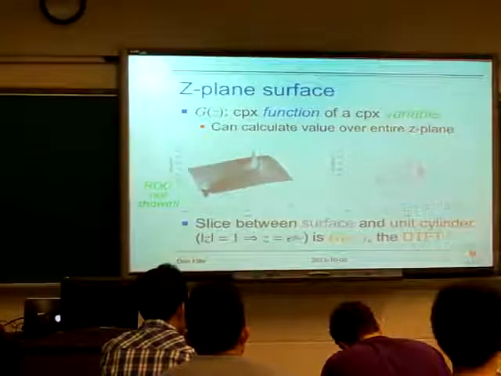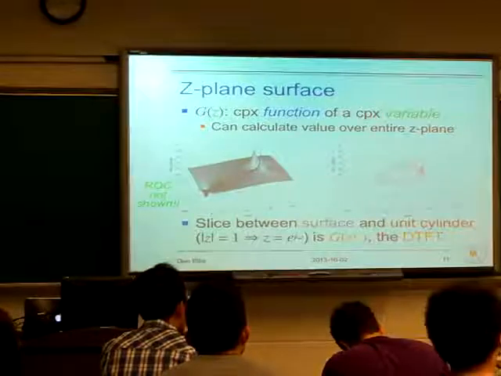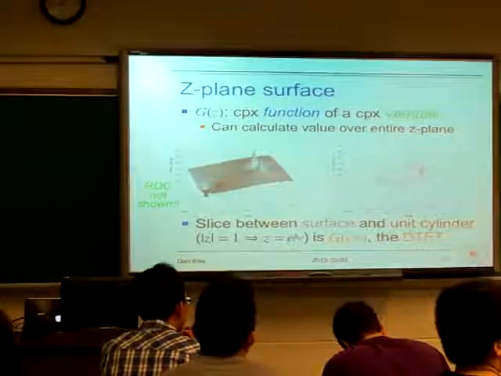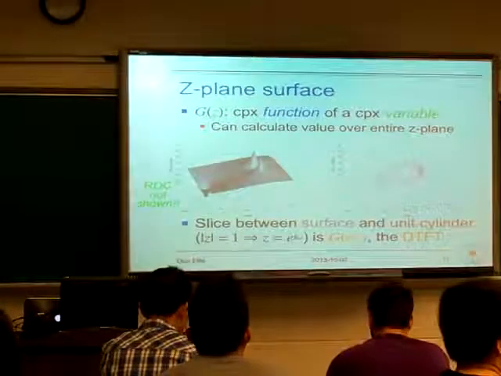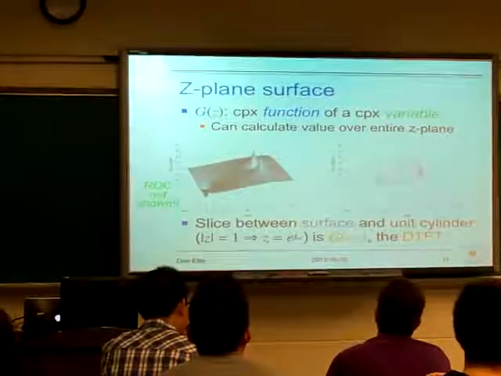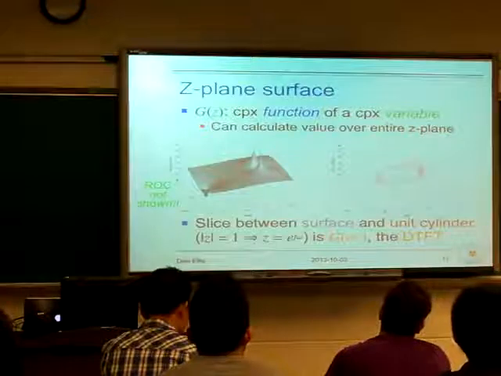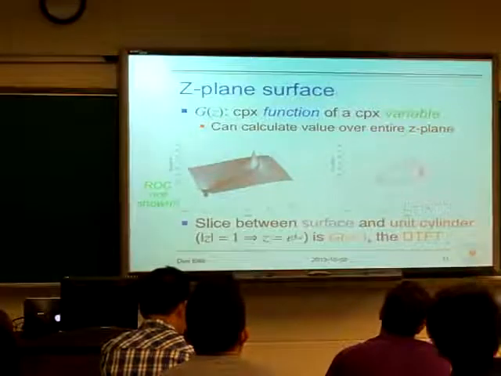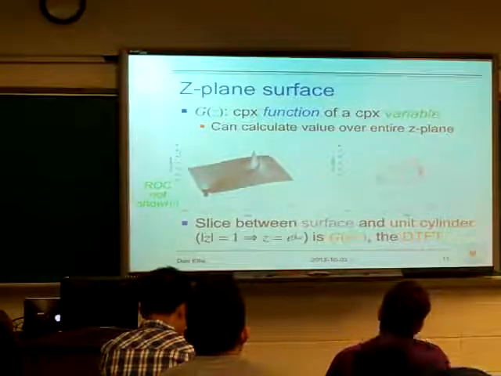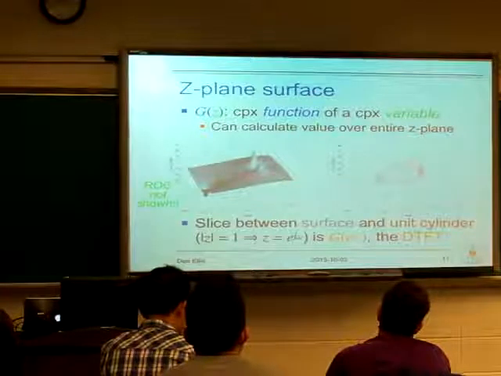And the z transform, X of z, is equal to the sum over all n of x of n z to the minus n. Well, if z is equal to e to the j omega, it's equal to the DTFT, right?